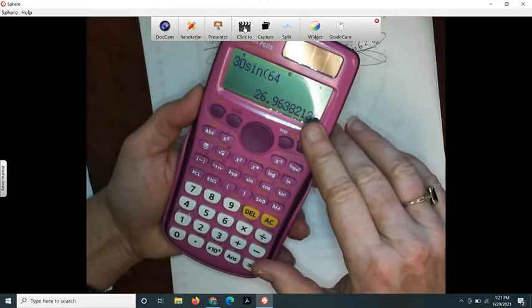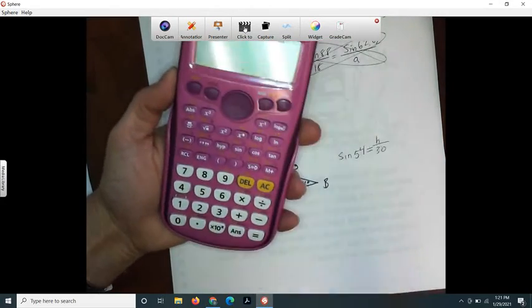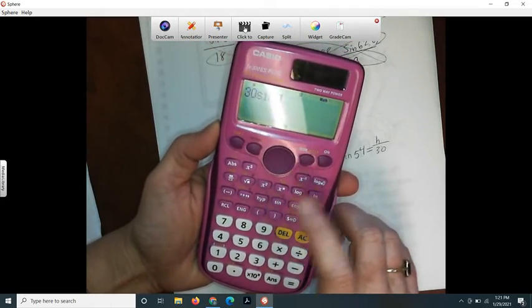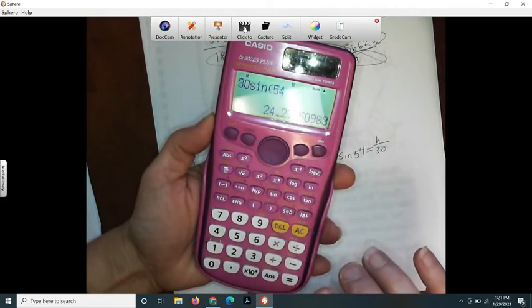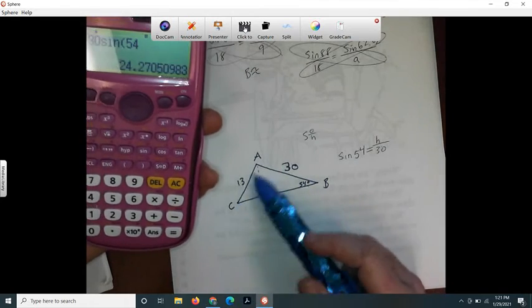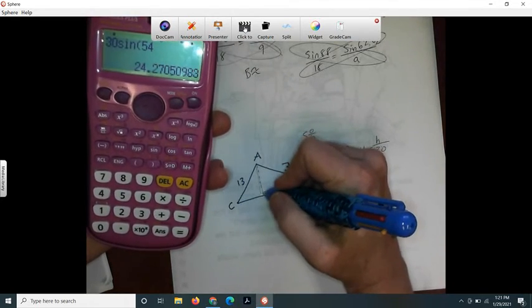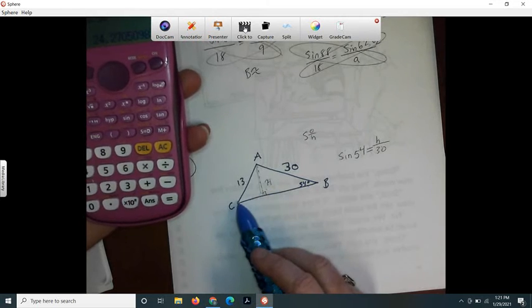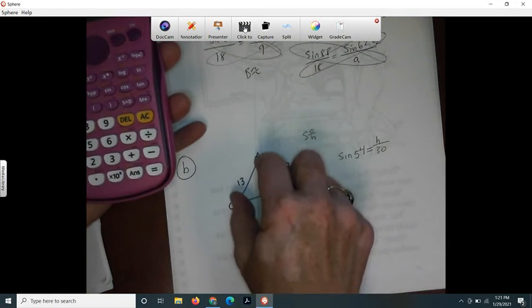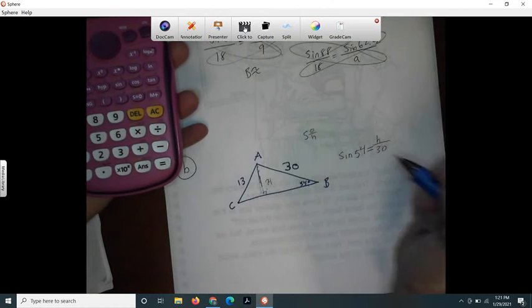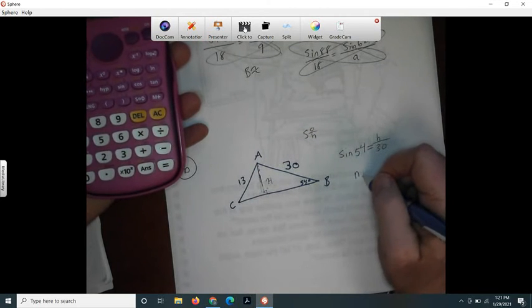Oh, sorry, it's sine 54. There we go. Well, it's still longer than this side. So this right here is 24.27-ish. That means that this thing, if I swung it around, is going to be too short. It's not even long enough to touch. So there's no triangle.